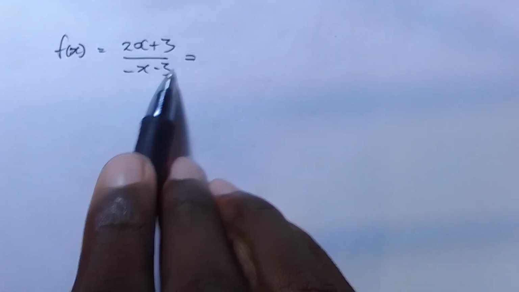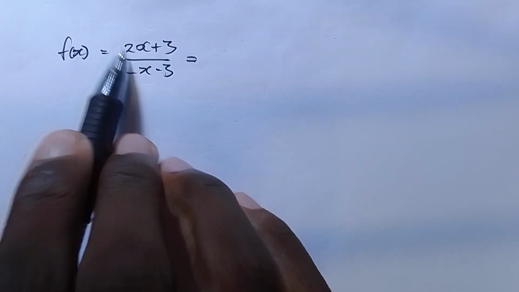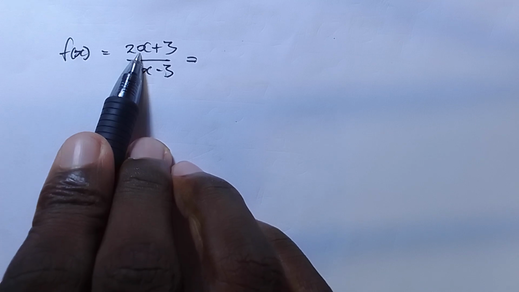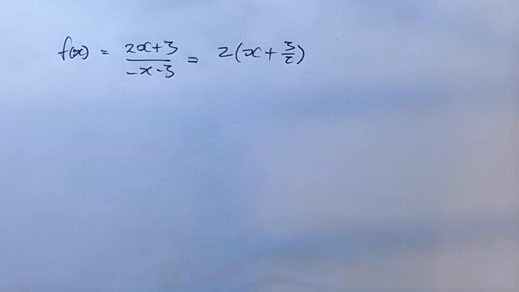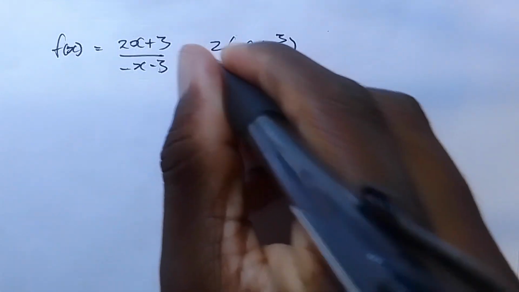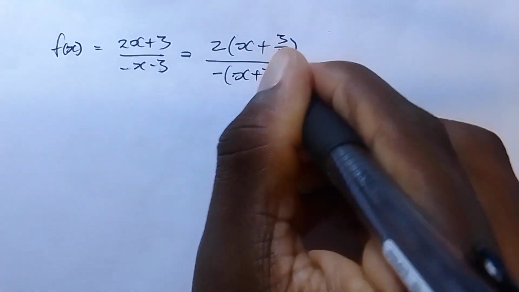The first one is we'll take out a negative as a common factor at the bottom, and the second one is that we'll take out a 2 as a common factor at the top. So we'll take out negative here and take out 2 there. So it's 2 into x plus 3 over 2. We've been doing that. And then you have negative into x plus 3.